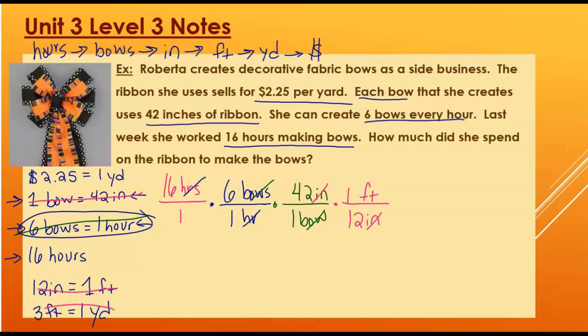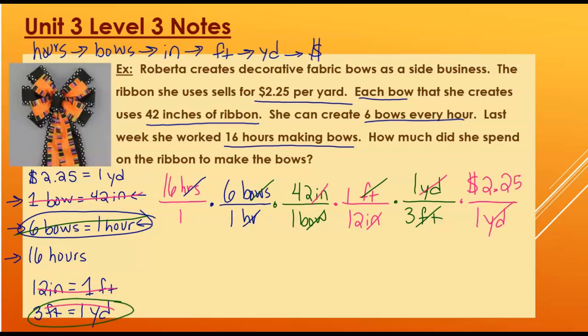And 3 feet, not done with that one yet, in 1 yard, feet cancel. And lastly, the 1 yard is $2.25. Whew, so the hours changed to bows, then changed to inches, then changed to feet, then changed to yards, and finally the money. So now it's time to finish this.